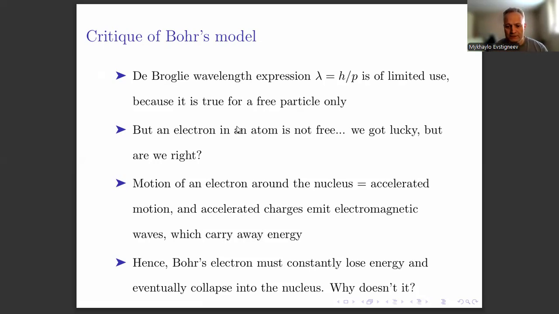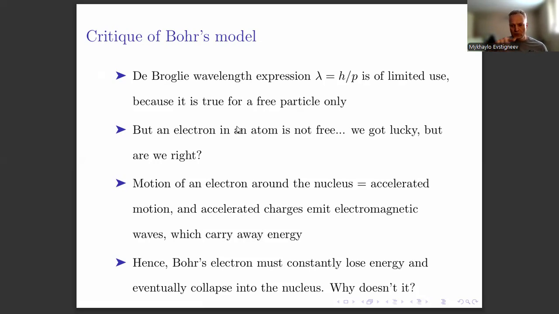From electrodynamics, we know that when a charge is accelerated, it emits electromagnetic waves. So the electron should actually be constantly emitting electromagnetic waves, because electromagnetic waves carry away energy.